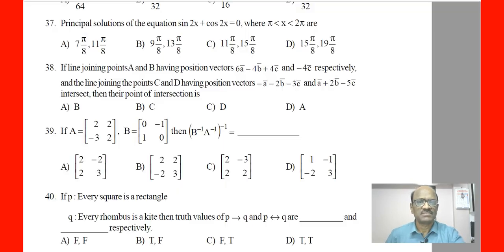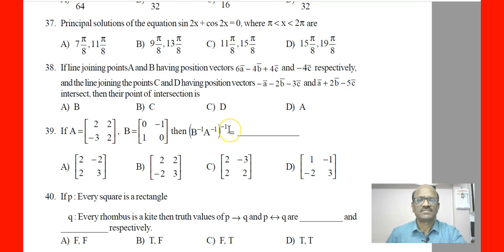Now, next question. If A is the matrix [2, 2; -3, 2] and B is [0, -1; 1, 0], then find B inverse A inverse.